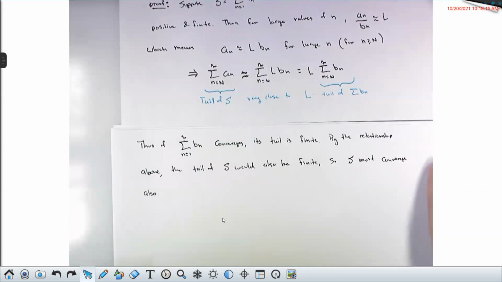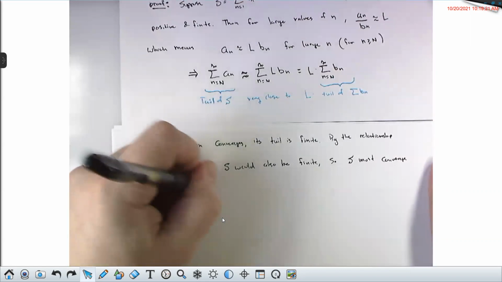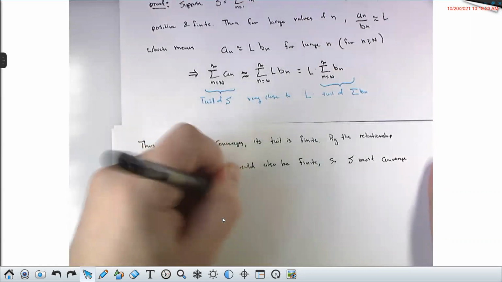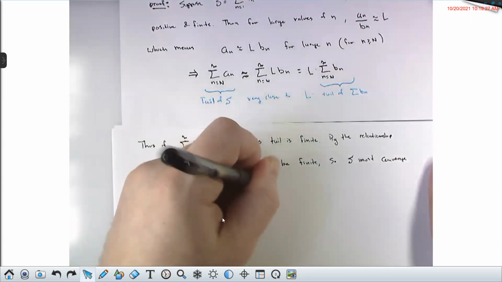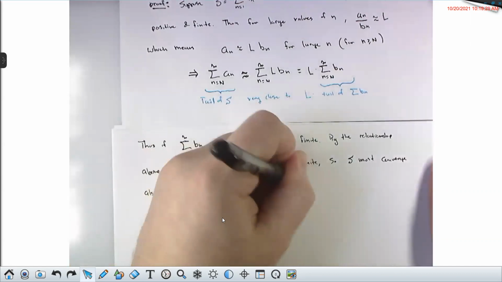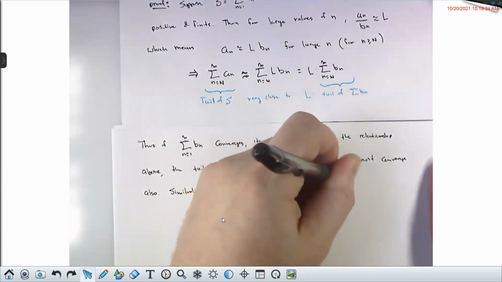Similarly, if the sum from n equals 1, or wherever, of bn diverges, then its tail is infinite.